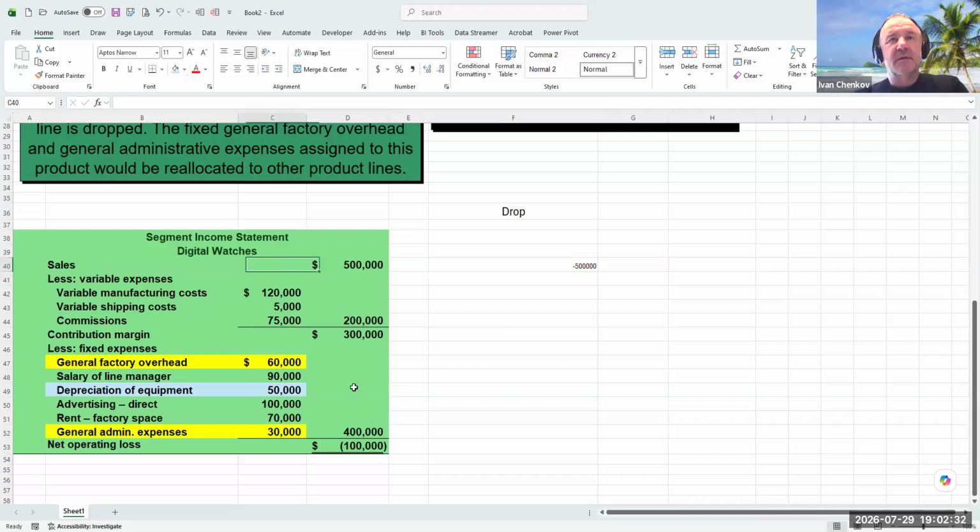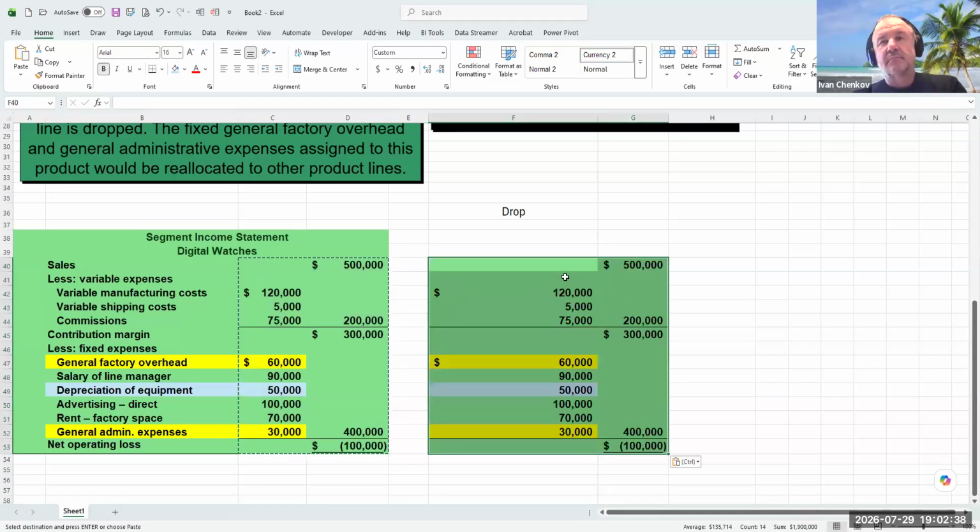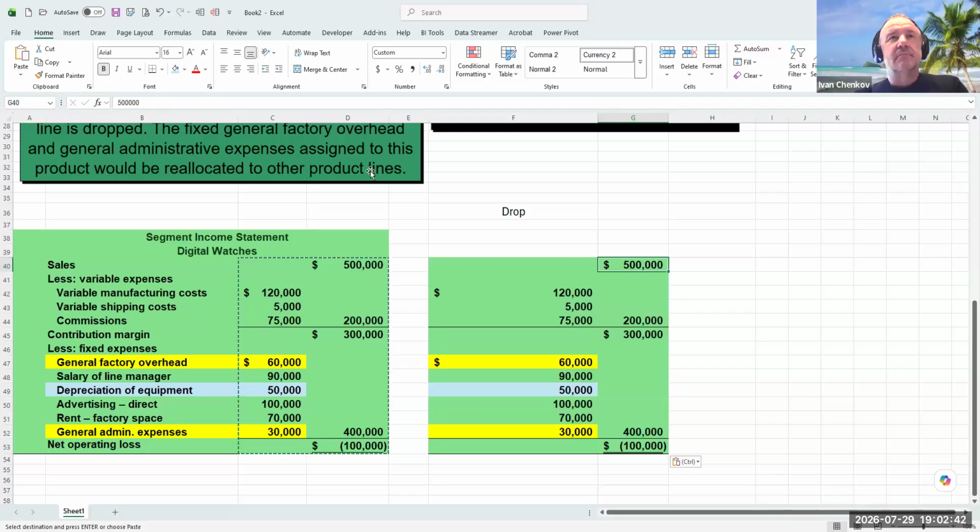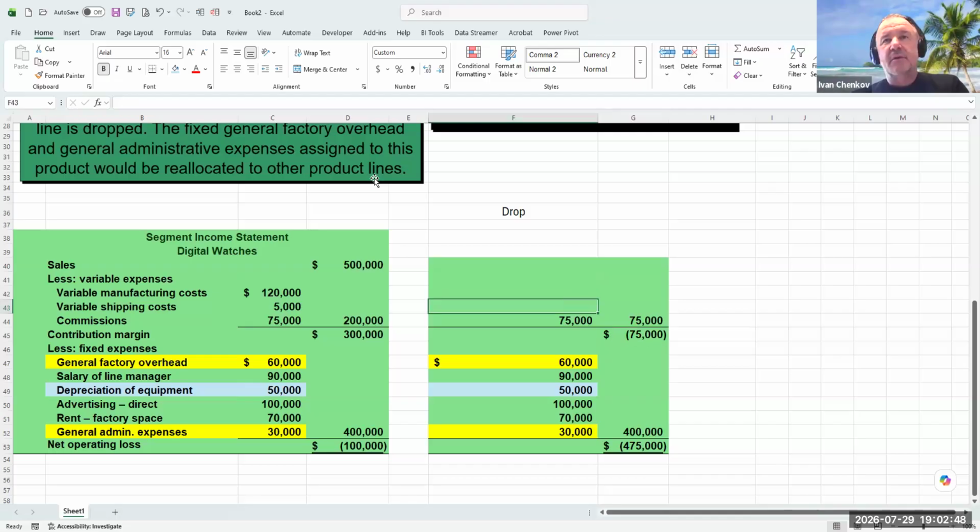This cost will disappear. Let me put this one here. This one is gone. Variable cost gone. Variable shipping cost gone. Commissions gone. So contribution margin will be 0.